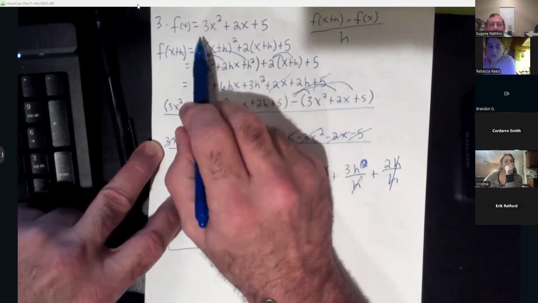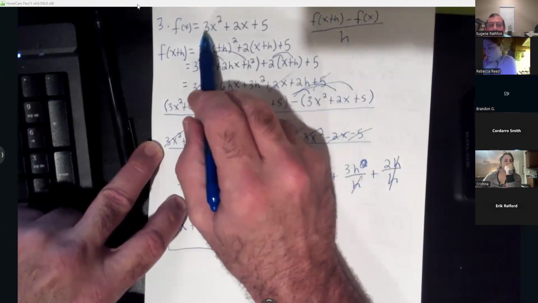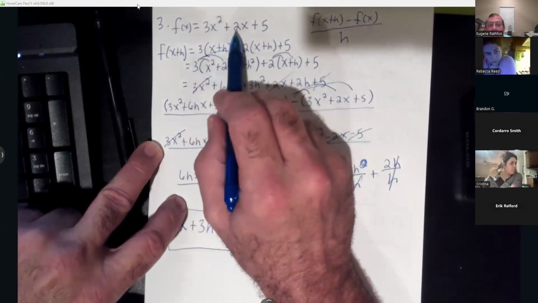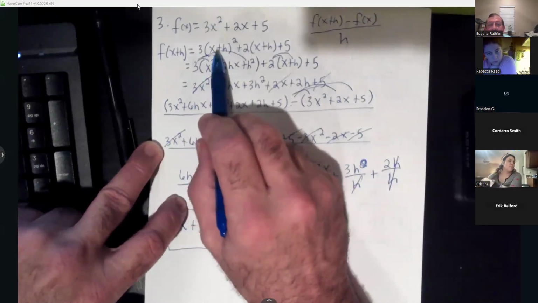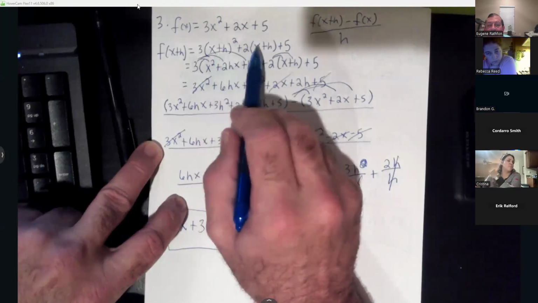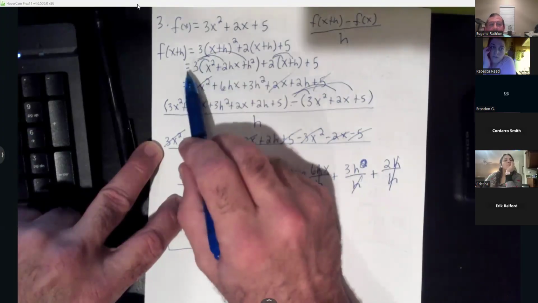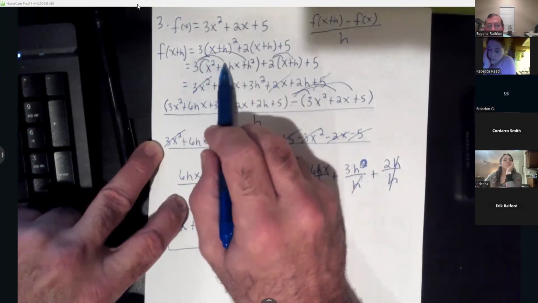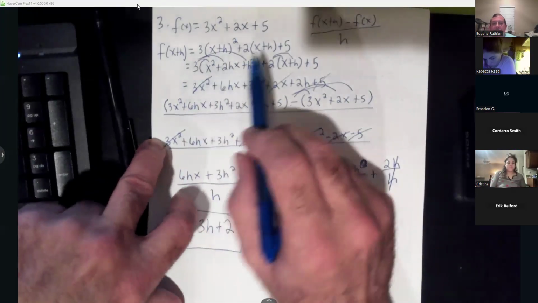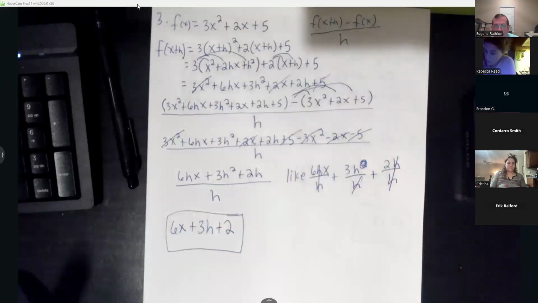Okay. So in the original function, it had the 3 and then the x squared, and then it had the 2 and then the x. So when I put these x plus h's in here, after I FOILed this out and got all this, I'm then just distributing that 3 through the first parentheses and then the 2 through the second parentheses.